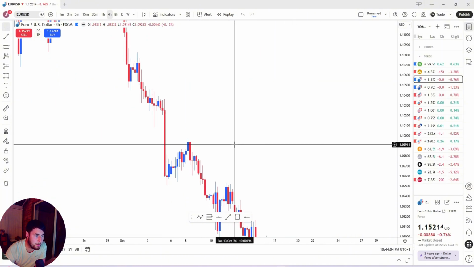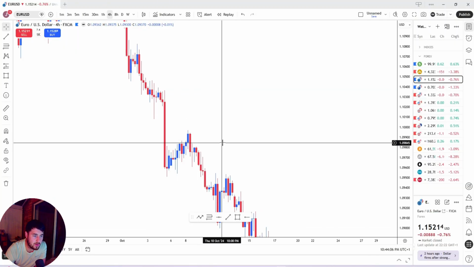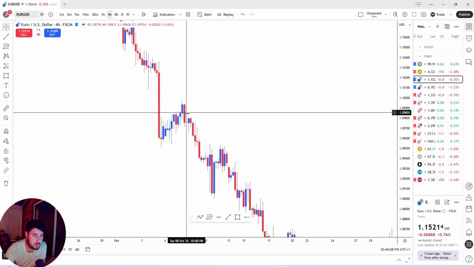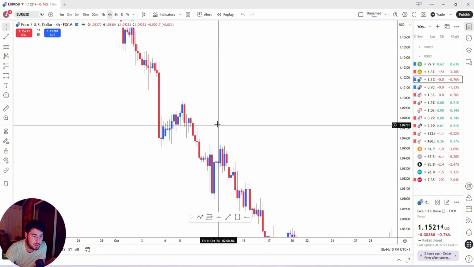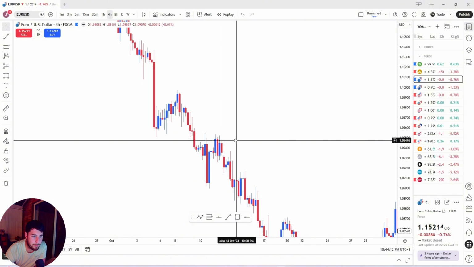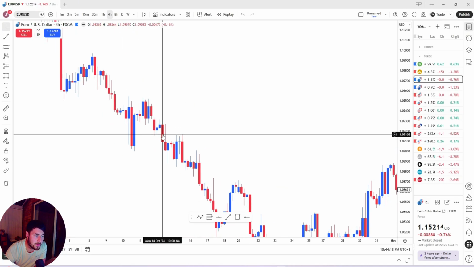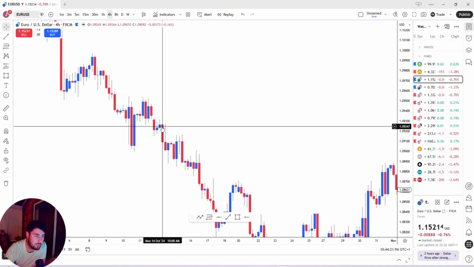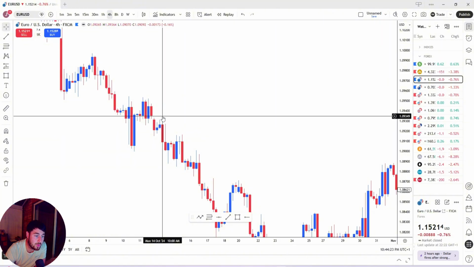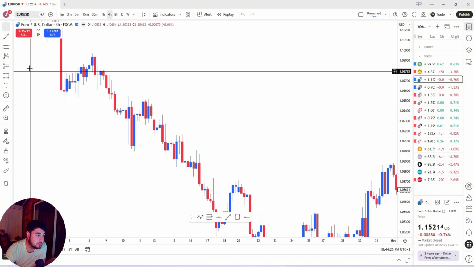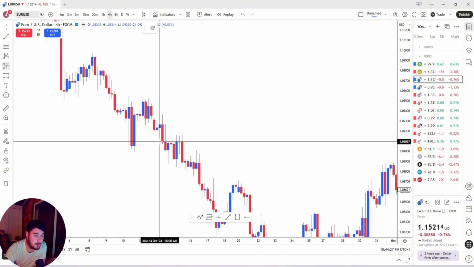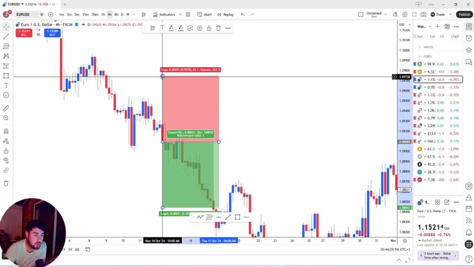So, where can we find a bearish sweep and close? Bearish sweep here. 4-hour candle. We swept above the previous 4-hour with a strong close below. That would be my entry for a short.